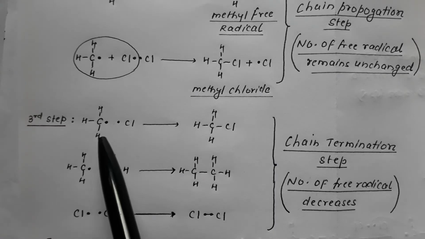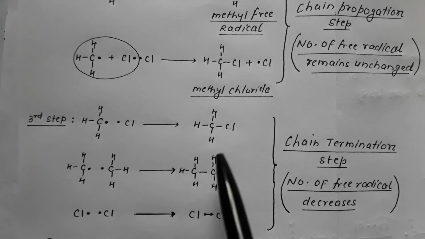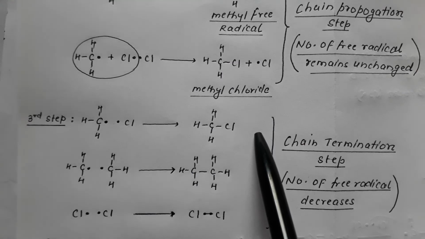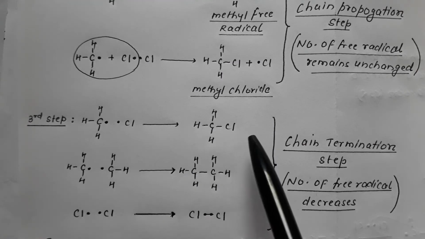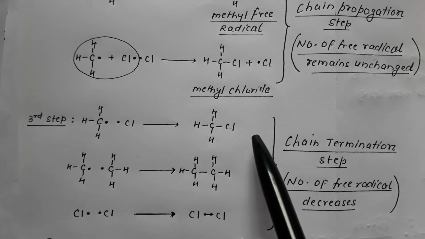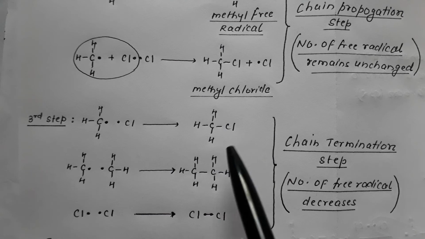Now when methyl free radical comes in contact with chlorine free radical, it results in formation of methyl chloride, but I said nothing is left over to continue the reaction. So we are getting product, but chlorine free radical is not there, and the chain reaction can't proceed.